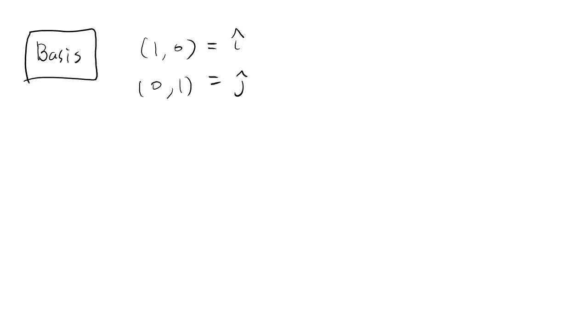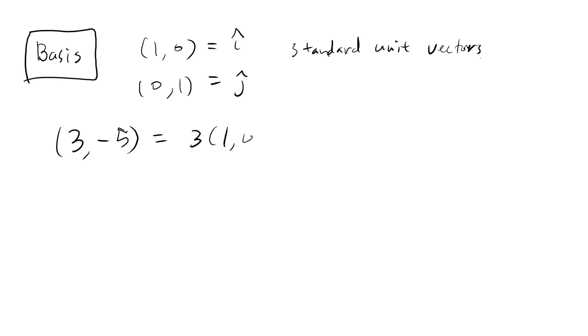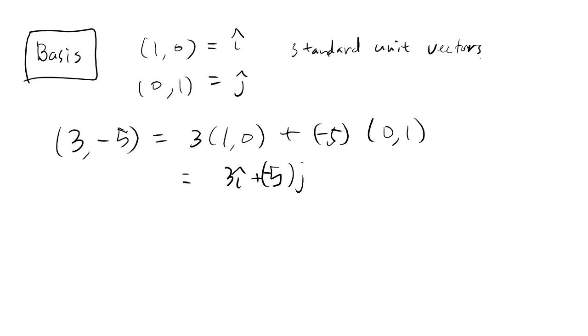These are called standard unit vectors. And the reason we like these and we want to call them standard unit vectors is because any other vector, (3,-5) for example, can be represented as 3 times (1,0) plus -5 times (0,1). So you can write it as a linear combination of these two vectors.